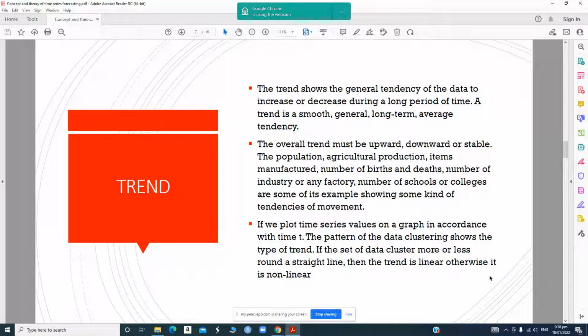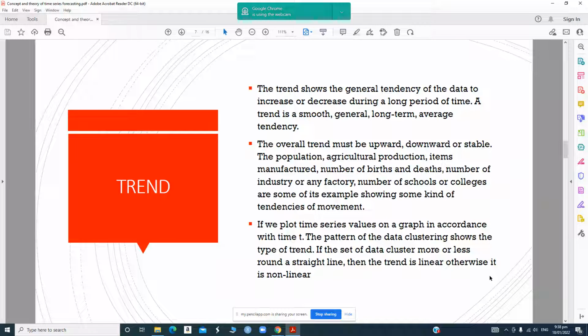The trend shows the general tendency of the data to move up or decrease over a long period of time. The overall trend must be upward, downward, or stable. Take, for instance, we may be interested in population, agricultural production, manufactured items, number of births, number of deaths, number of industries, number of schools, colleges, and so on and so forth.